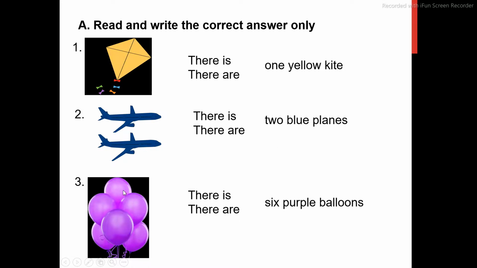Picture 3 has purple balloons. How many purple balloons are there? Let's count. 1, 2, 3, 4, 5, 6. So there are 6 purple balloons.